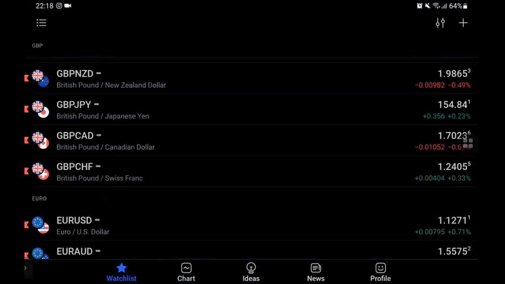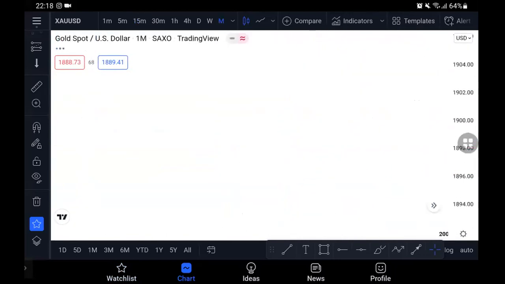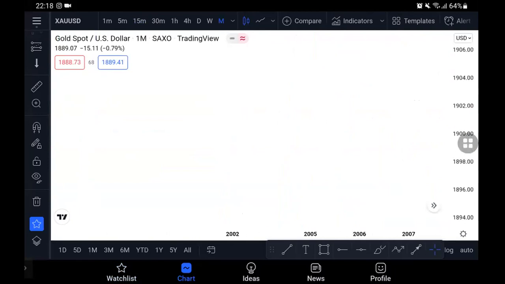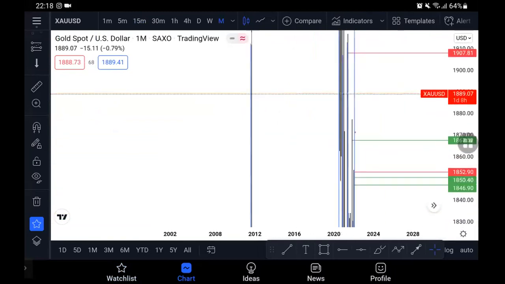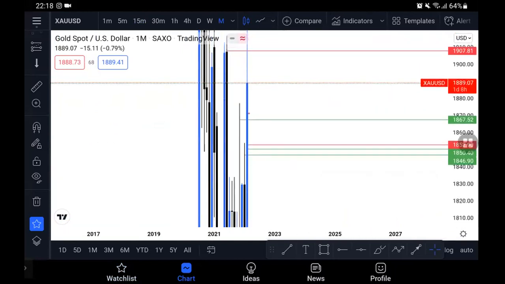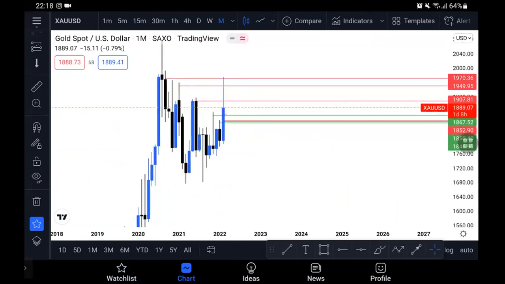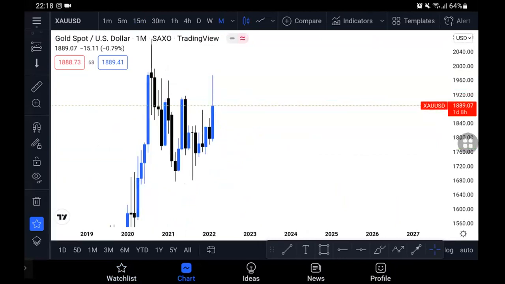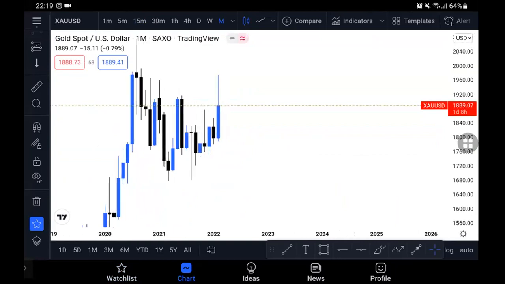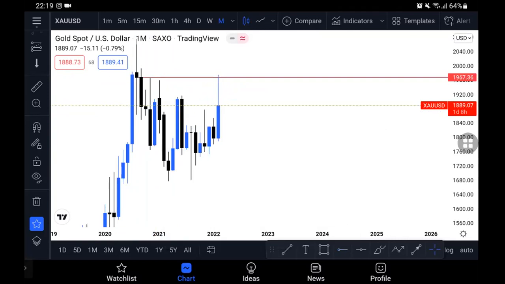Okay, so we're gonna look into the goal, which is a monthly key level, which is the closing.